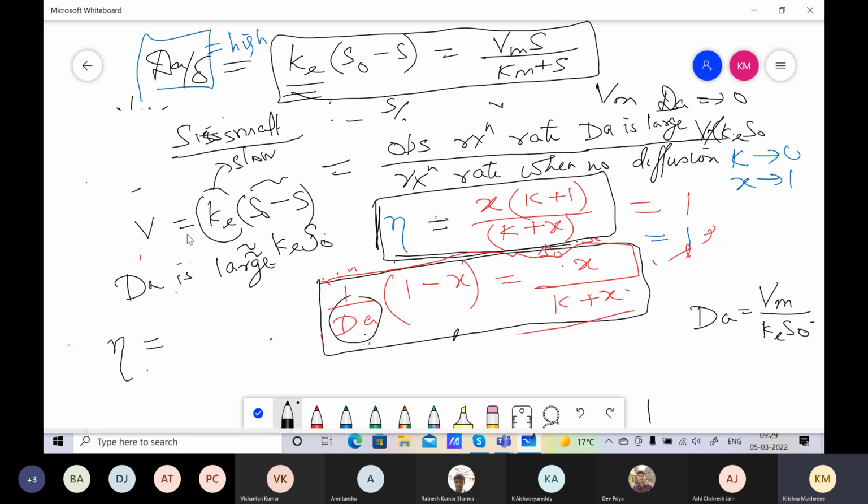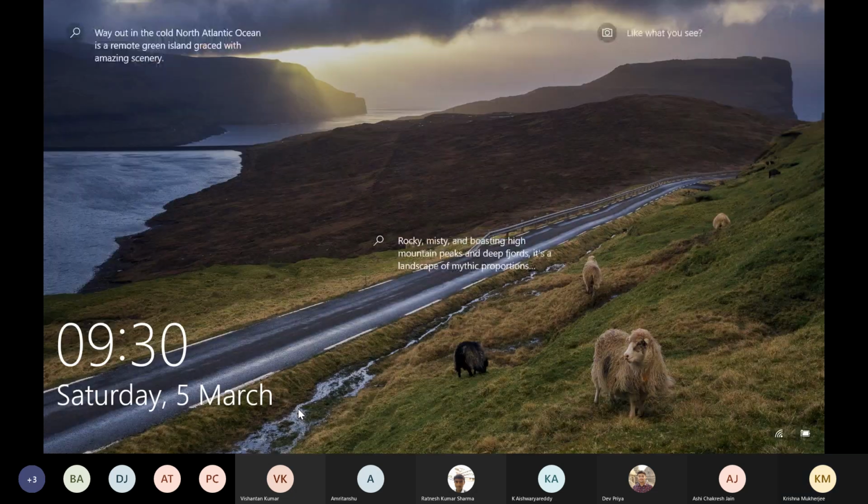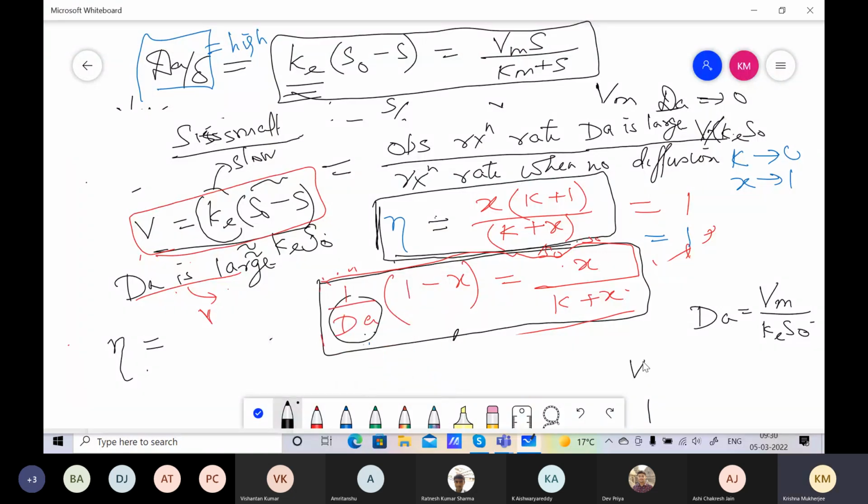And I've also said that velocity when dA is large can be approximated by V is approximately Ke S naught minus S, which I have removed when dA is large. So V is approximately Ke S naught.